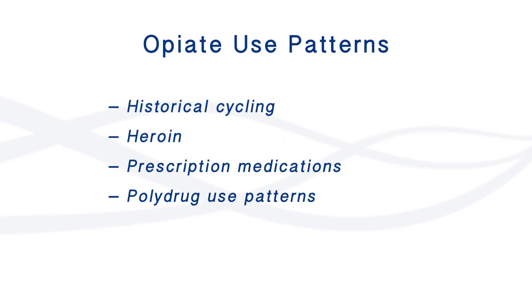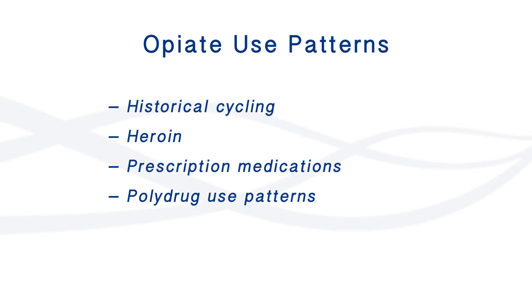If you look at the history in the United States of opiate use, we see historically a cycling. In the early 1900s, heroin was very popular. But then you see it begin to fall off, and as the use of heroin begins to fall, you get more of the use of stimulant medications.